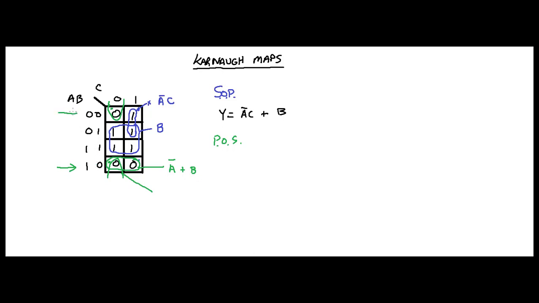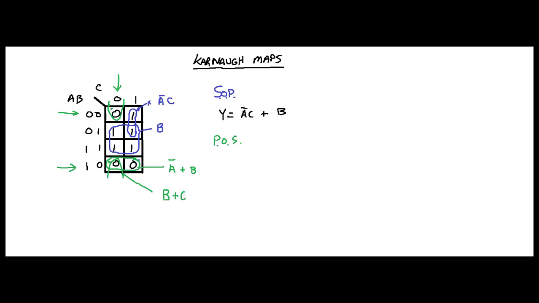So it's these two rows, right? For those two rows, you can see that A changes from a 0 to a 1, but B stays the same, right? So that's going to be B, because it's actually B bar, but since we take the complement, we use B, right? And C stays constant right here in your column, because that group resides in that one column. So in that case, it would be C bar. Since we take the complement, it would be C. So it would be or C.